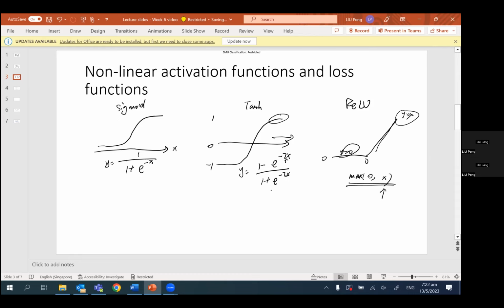So this becomes the most widely used activation function, because if the input signal is strong, right, it's positive, then we keep it. We do nothing with it because we want to keep it that way. But if the signal is negative, which means it's not strong, then we just set it to 0. So this, for one thing, removes some input signal, because there are just too many signals, right?